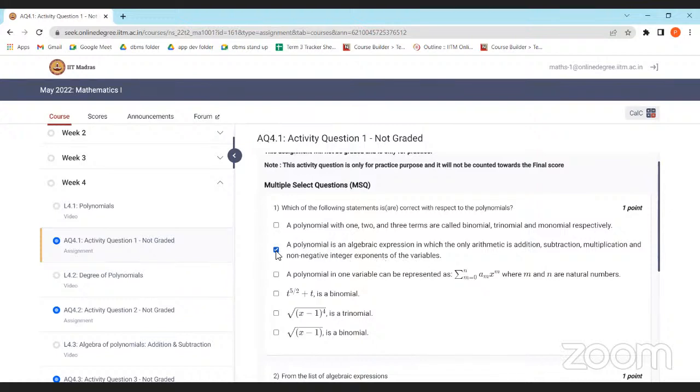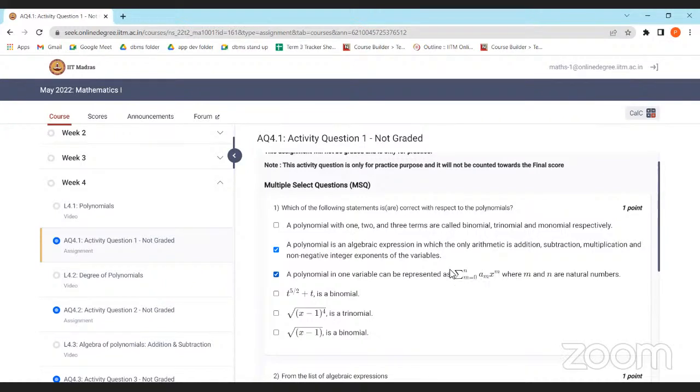Who has this question? Any doubt in any of the statements? Third option, I have doubts. A polynomial in one variable can be represented as a x to the power n, where m and n are natural numbers. This point was directly taught in the lecture.